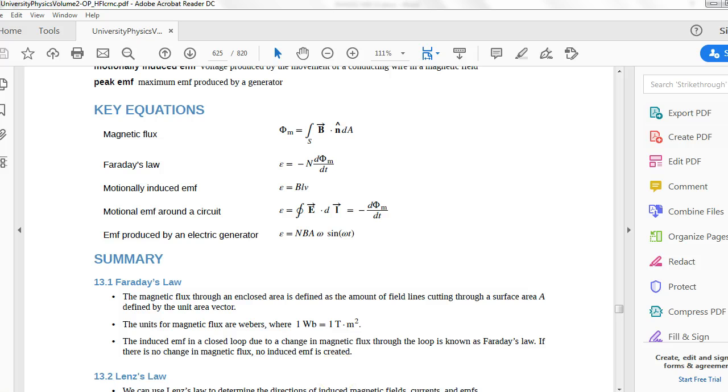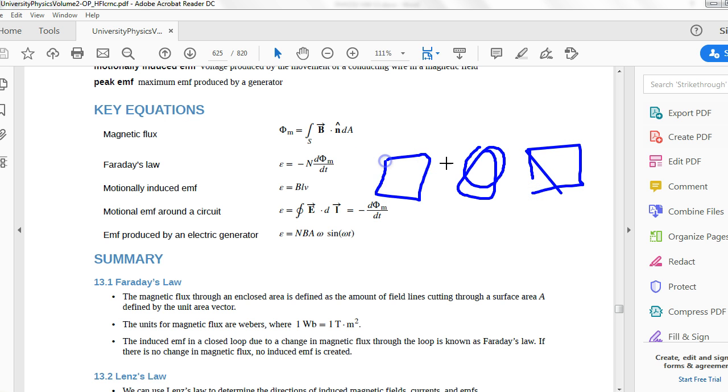And the final little bit for this set of homeworks, we have EMF produced by an electric generator, or an electric motor or something like that. You basically have coils of wire moving between two big magnets. So you have coils of wire that you're rotating, and as you rotate them, they go back and forth through the magnetic field generated by the magnets.